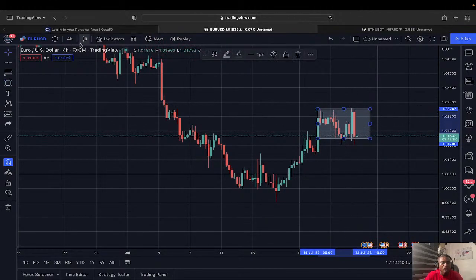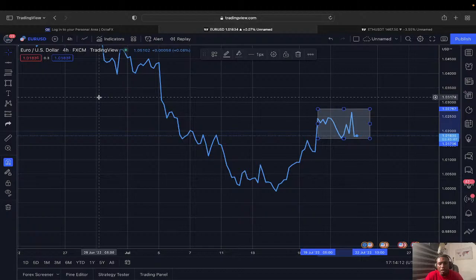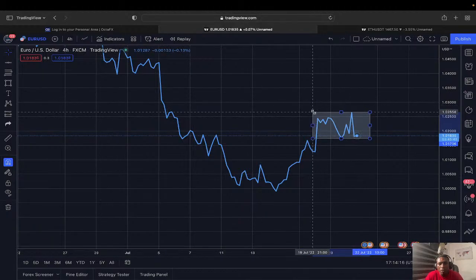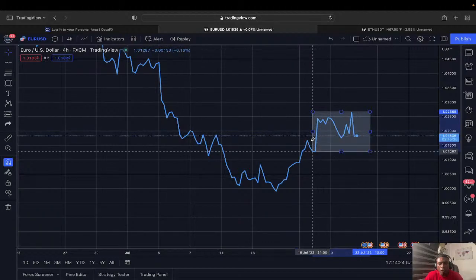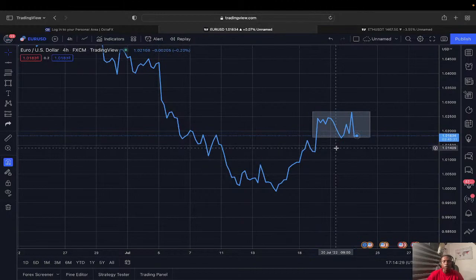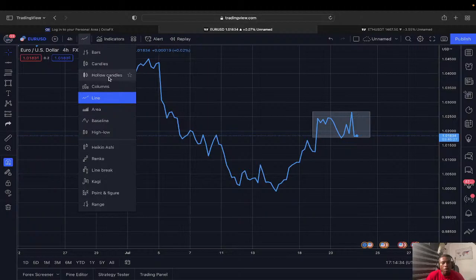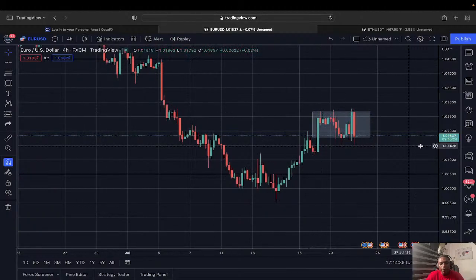So let's change to the line chart so you can see the contours clearly. Good.